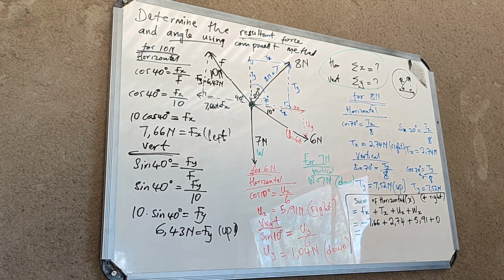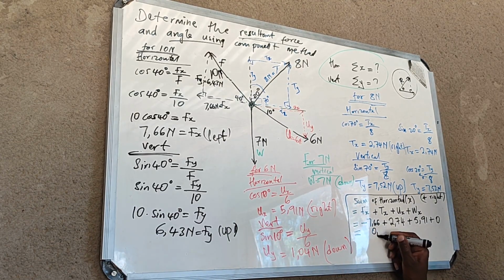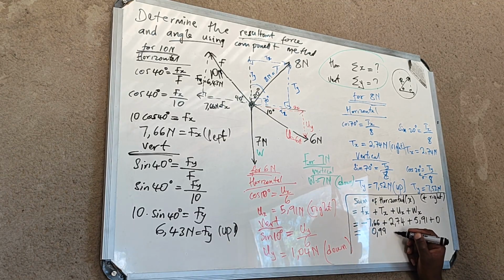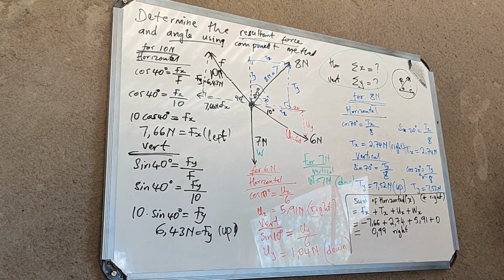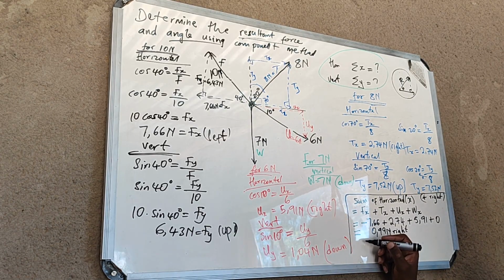Get the answer. Is it positive or negative? It means 0.99 newton to the right. Is that clear?